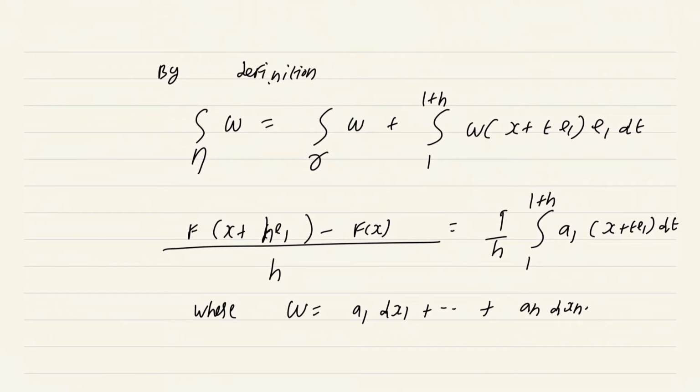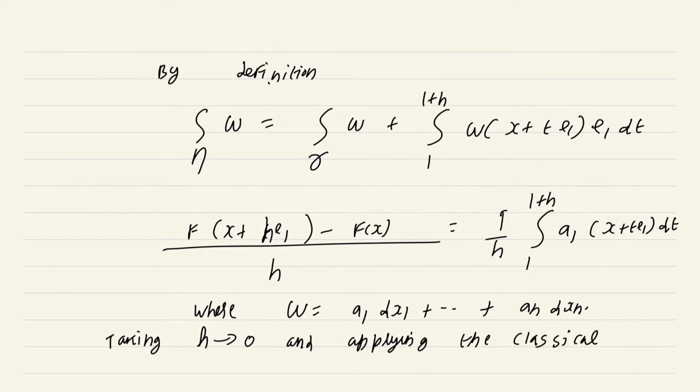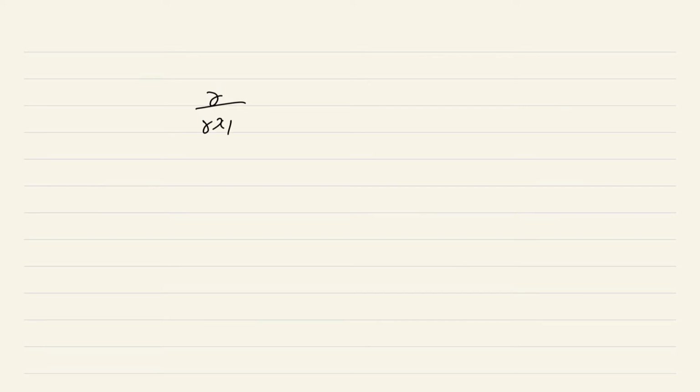Okay, taking h to 0 and applying the classical fundamental theorem of calculus, we conclude that the partial derivative with respect to x1 of f at the point x is nothing but a1 of x.